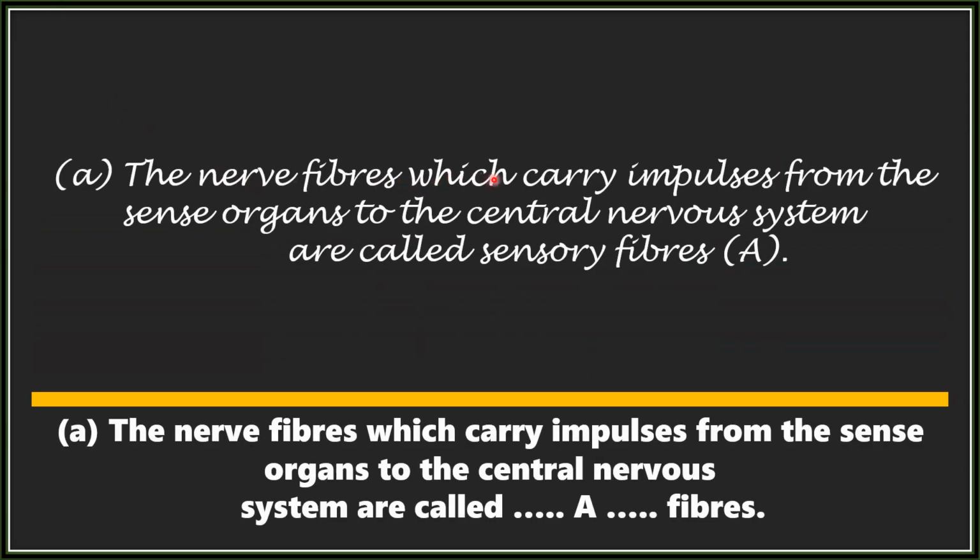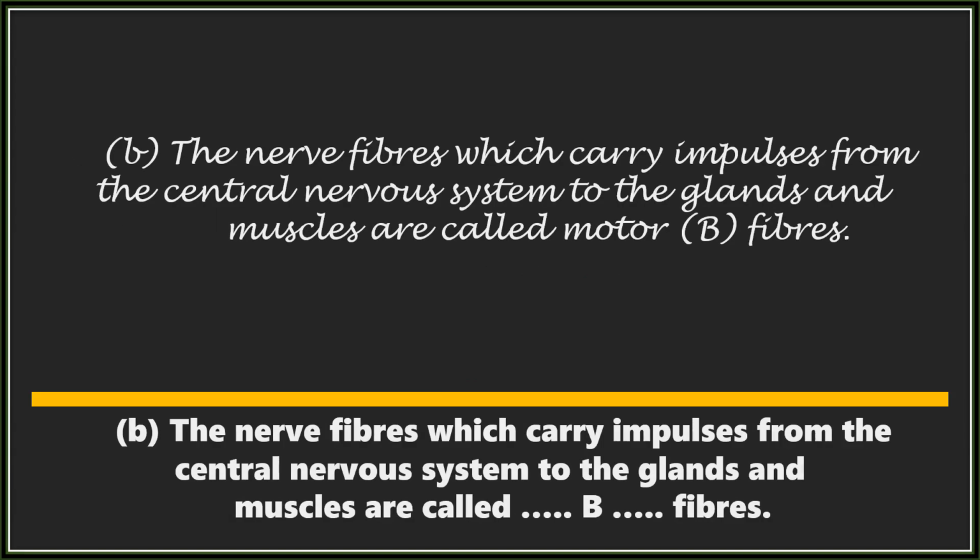The nerve fibers which carry impulses from the sense organs to the central nervous system are called sensory fibers. The nerve fibers which carry impulses from the central nervous system to the glands and muscles are called motor fibers.